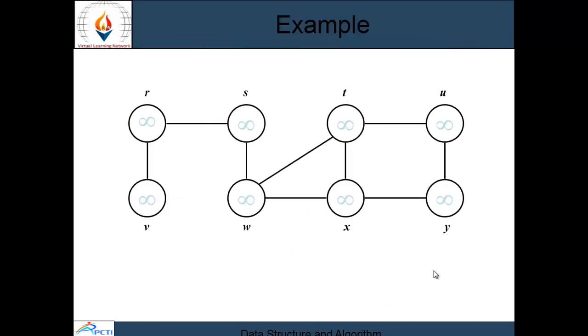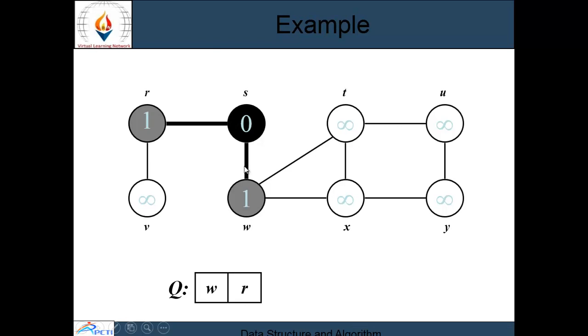Again, we will see an example. Starting from this node, the adjacent of this node are R and W. After exploring R and W, S is colored black.